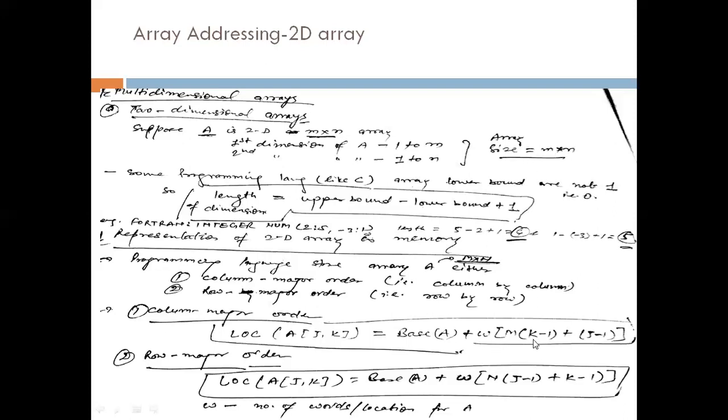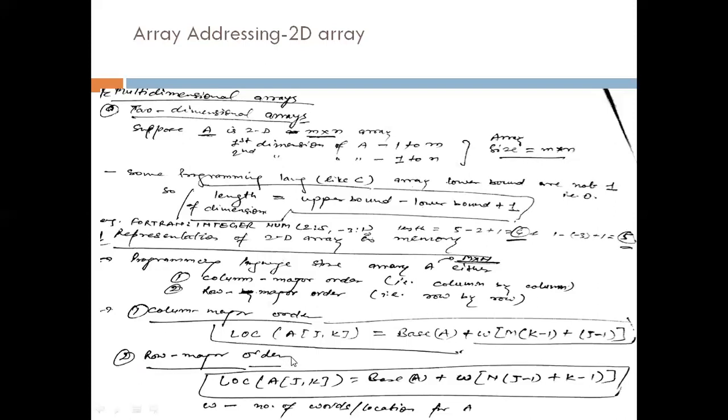So in each column there will be m elements. So m multiplied by k minus 1 elements will be in the k minus 1 columns, plus, for the jth element, j minus 1 elements are previously stored. After that this element will be stored. So this is a very simple formula.